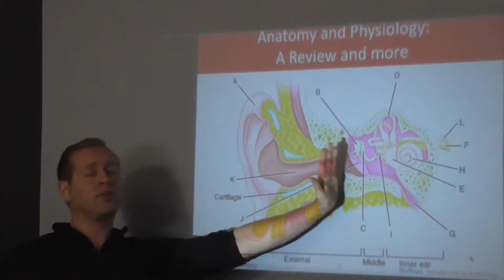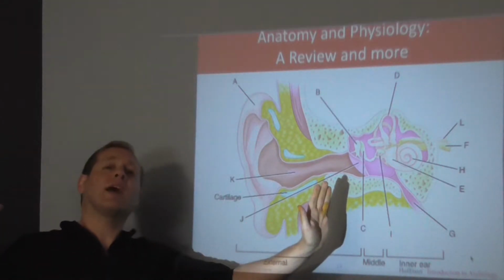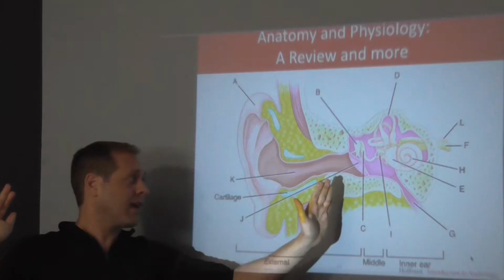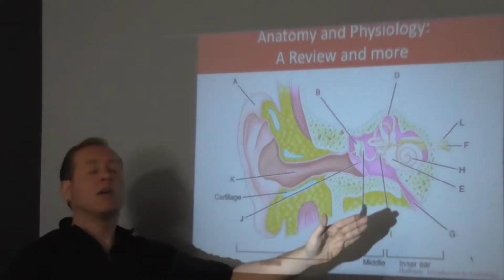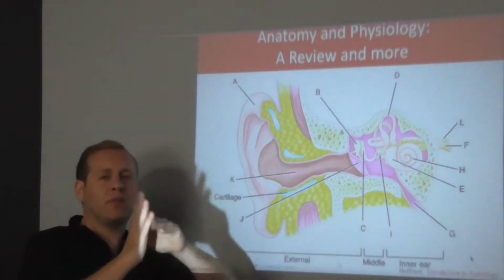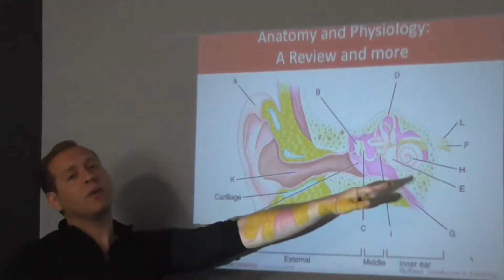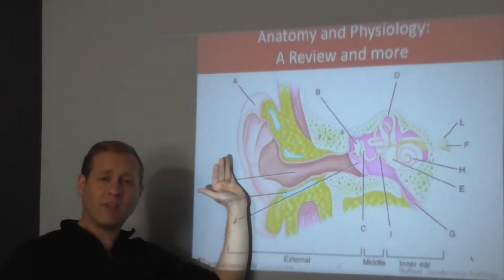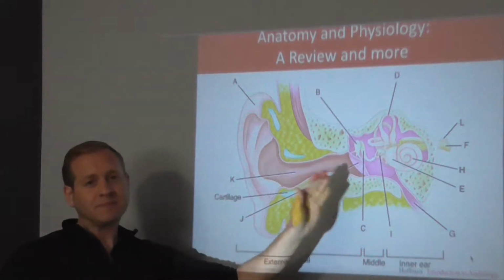We have our external ear, which goes from distal, outside, or farthest from the center of the body, to the middle ear, to the inner ear, which is the medial most point. When we're talking about anatomy, we go from distal to medial. We go from farthest away from the center of the body to closest to the center of the body.